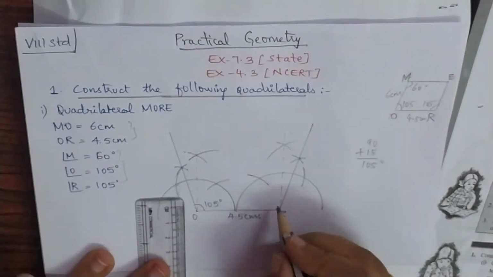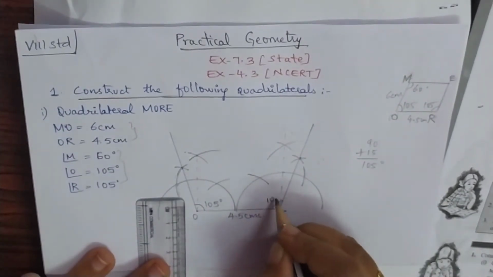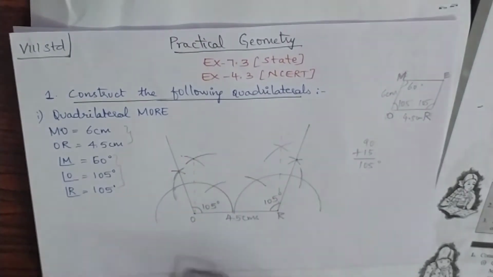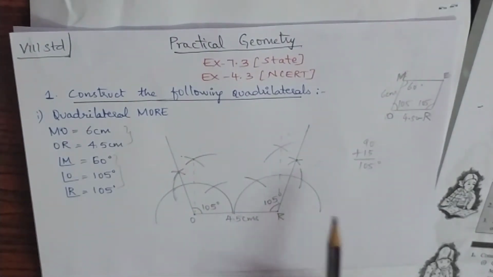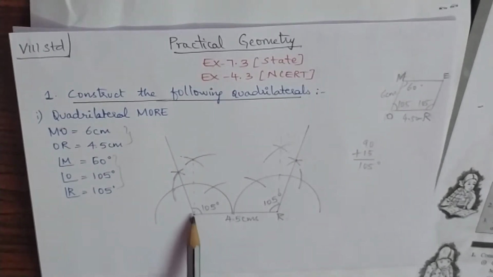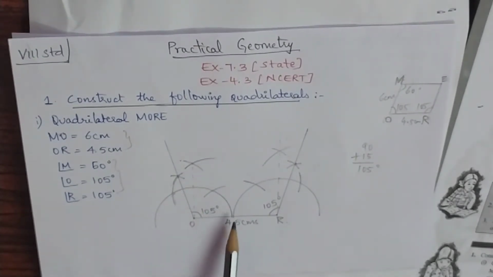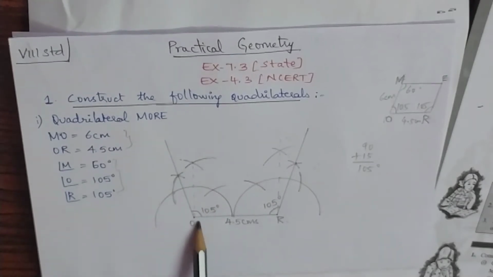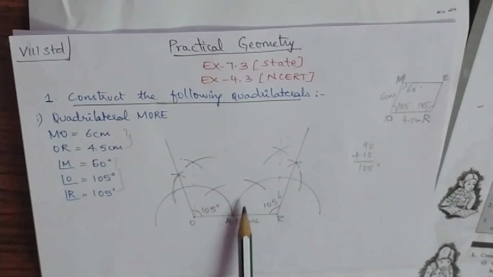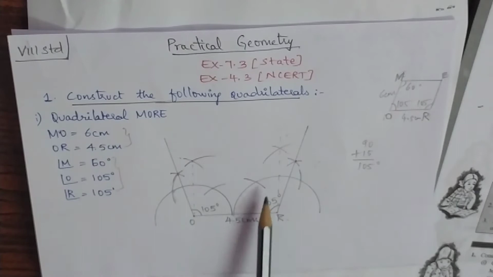Draw a line. This is 105 degree. We measured 4.5 as base first, then we drew 90 degree, then we drew 105 degree. Here also first we drew 90 degree and then we drew 105 degree.